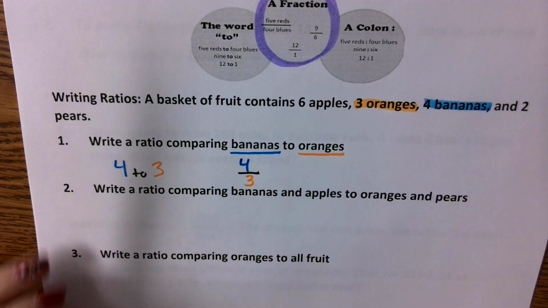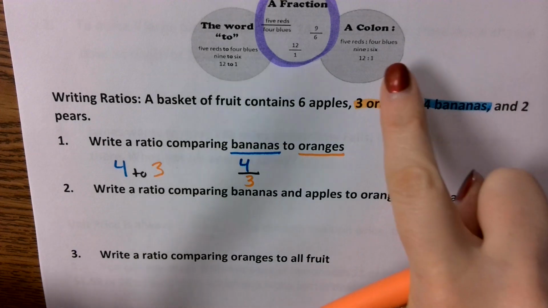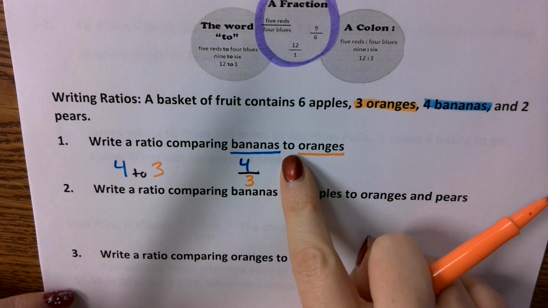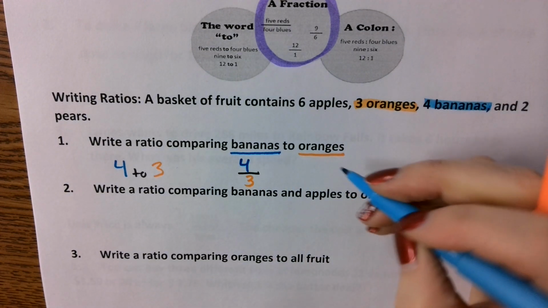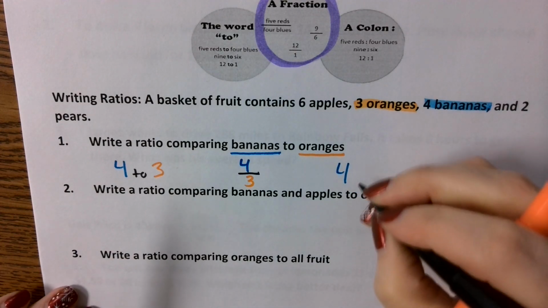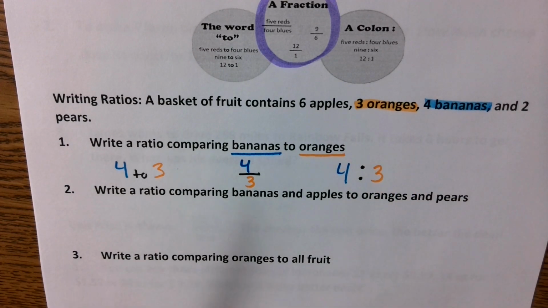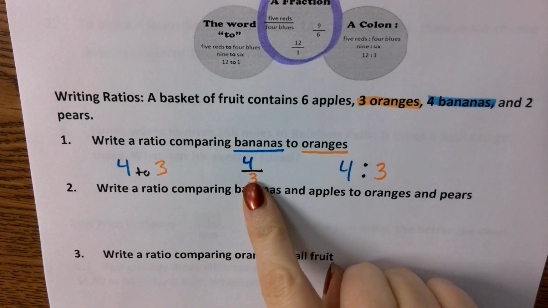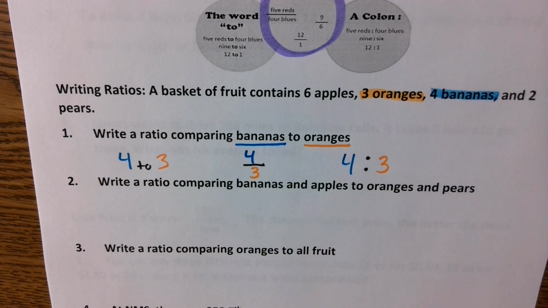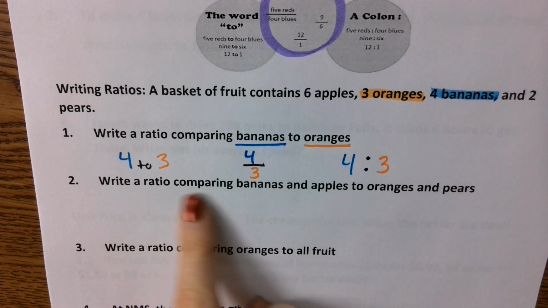So 4/3. And if I write it as a colon, it would be bananas colon oranges. So 4 and then a colon, which is just the 2 dots, 3. So those are all the ways that you can write it. Now, it's always a good idea to simplify if you can. So if there's a way to simplify it, especially with the fraction form, you might want to do that.